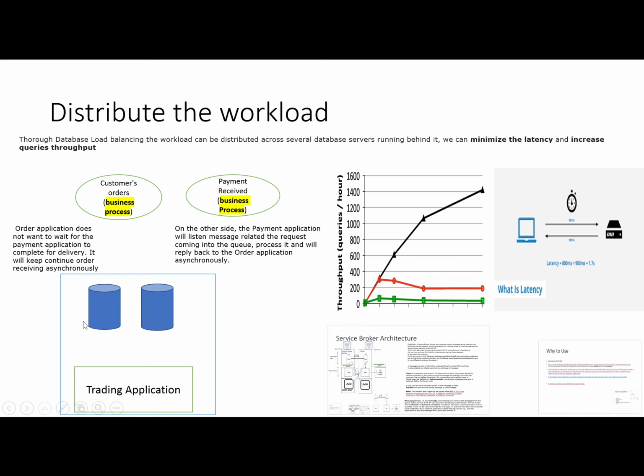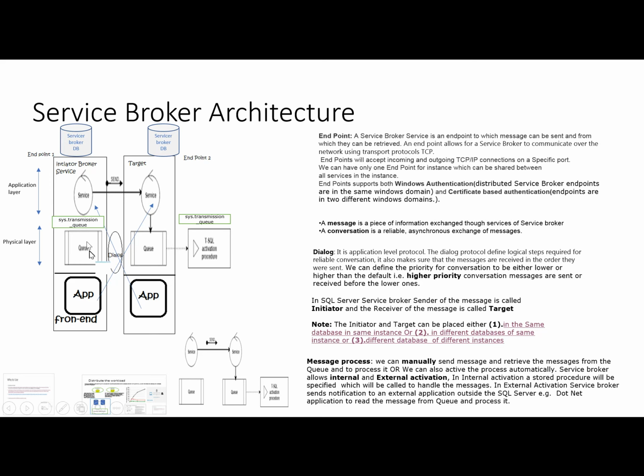So how do we explain this scenario in terms of the architecture? Now we have here two services. Suppose this is the front application which is handling the customer's orders, and this is the service for this app, and this front end order processing application will receive the orders.